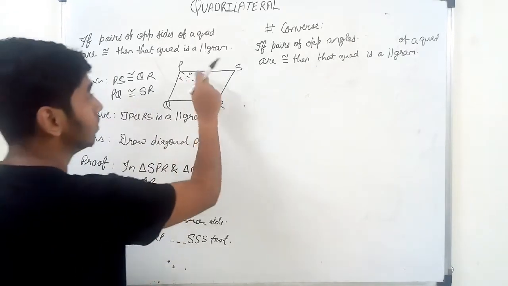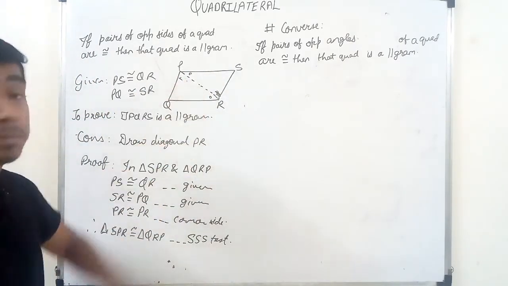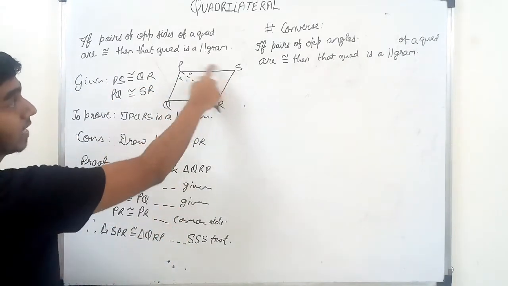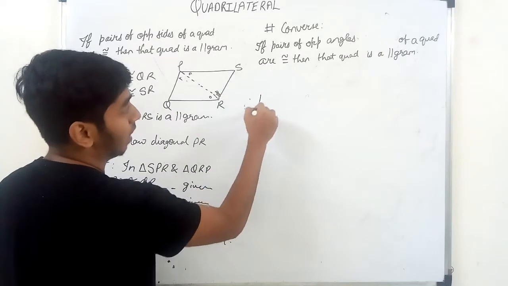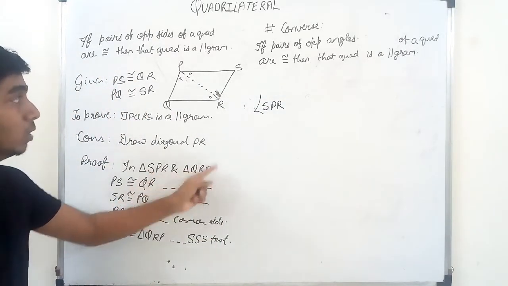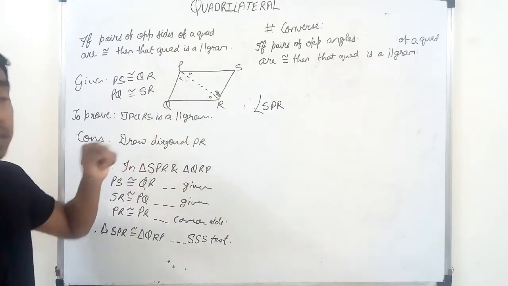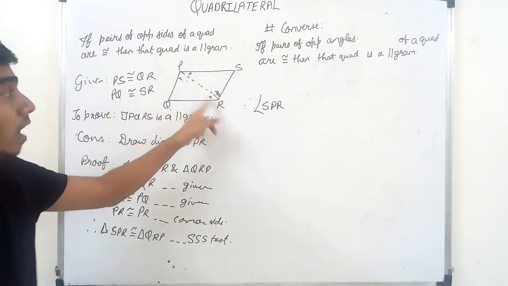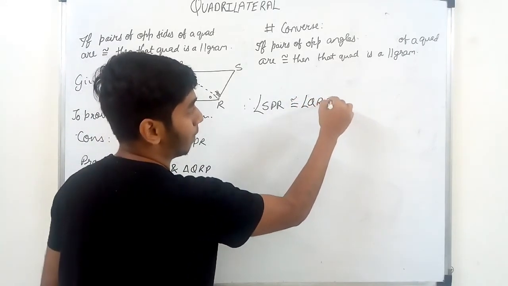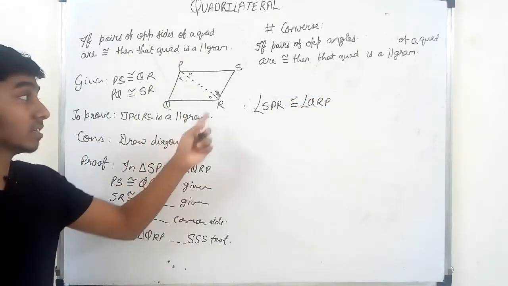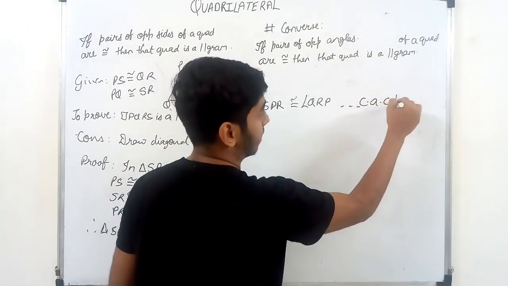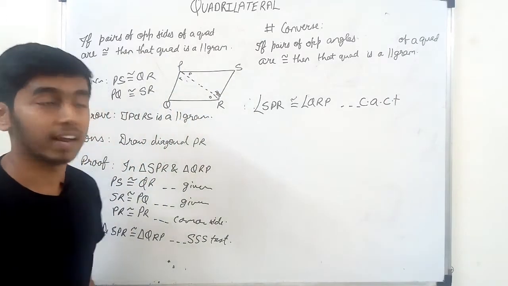Now what can we say from this here? So from this triangle, angle SPR and QRP, they are congruent. Yes or no? Why? Because CPCT, corresponding parts of congruent triangles.